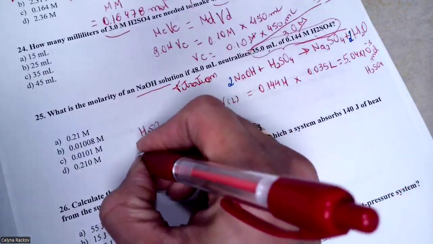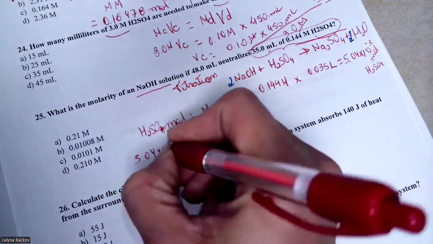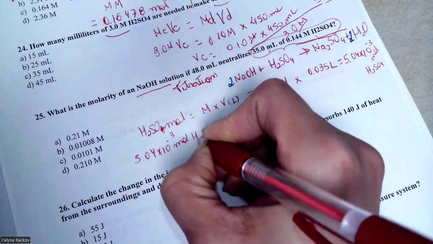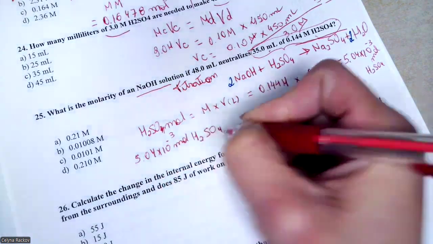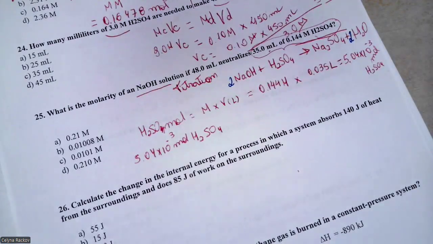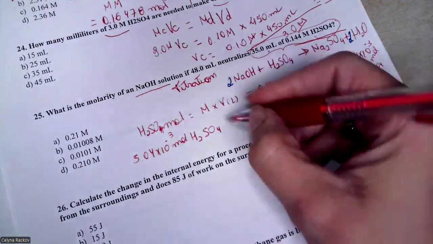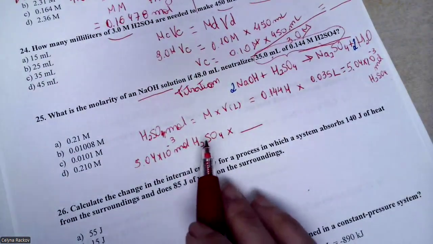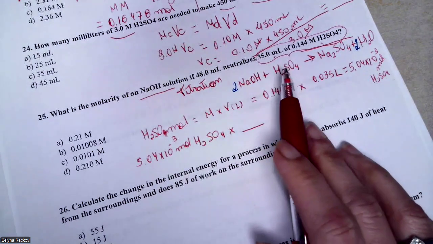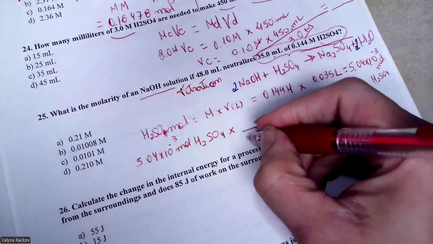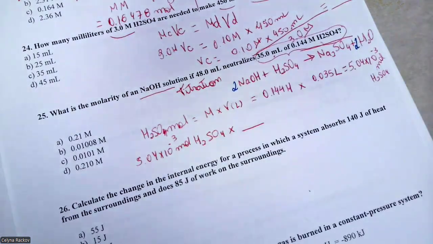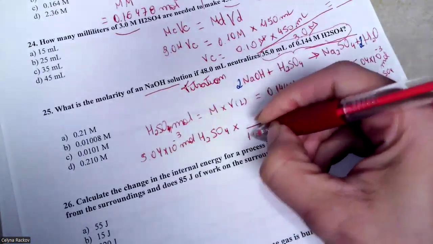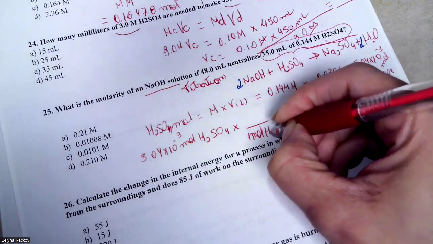So you have 5.04 times 10 to the minus 3 moles of sulfuric acid, right? But the question is for the molarity of sodium hydroxide. Now let's do the mole ratio. Right now here you have the moles of sulfuric acid, so the moles of sulfuric acid stay on the bottom here. How many moles do you have here? When you don't see anything, you know that you have 1, right? So here, 1 mole of sulfuric acid.